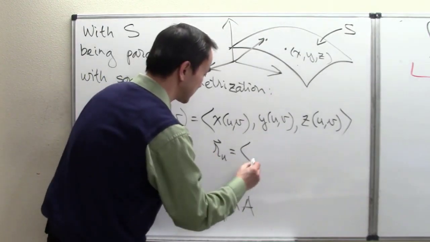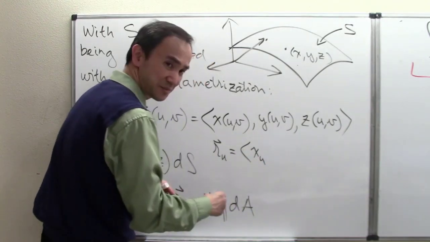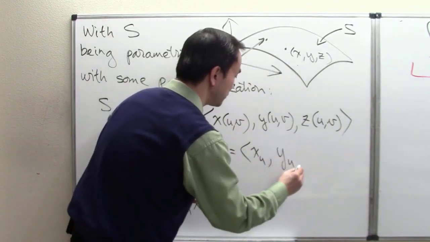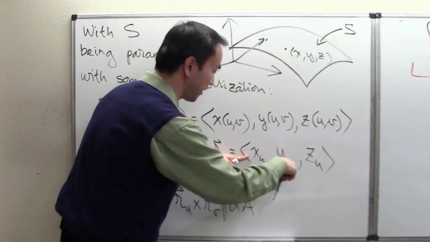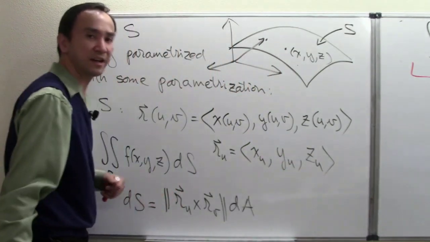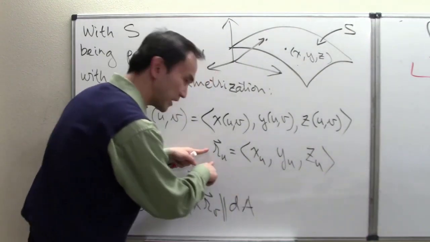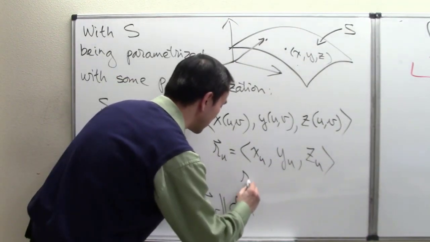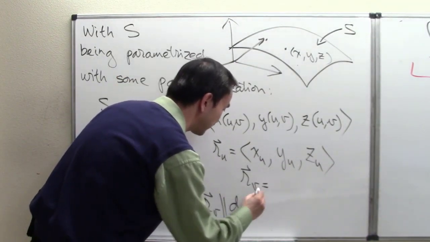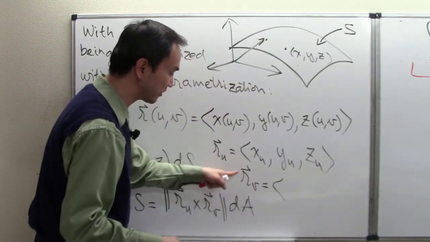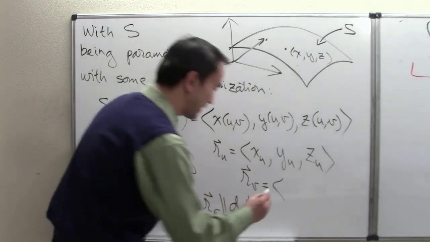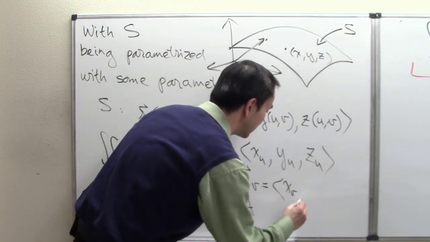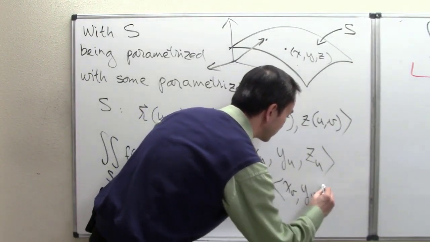So that means it's x_u for short, y_u, and z_u. It's the partial derivative of these three functions with respect to u. That's what it is, so it's a vector. And similarly, r sub v, the partial derivative of our vector value function with respect to v, must be x_v, y_v, and z_v.